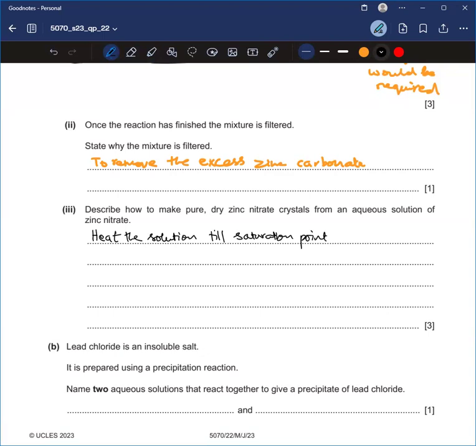When the solution is heated to saturation point, allow the mixture to cool down, and the crystals will start to grow.